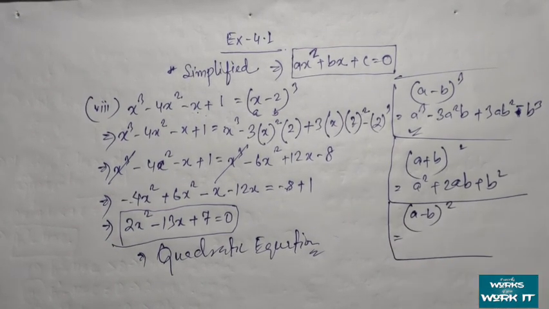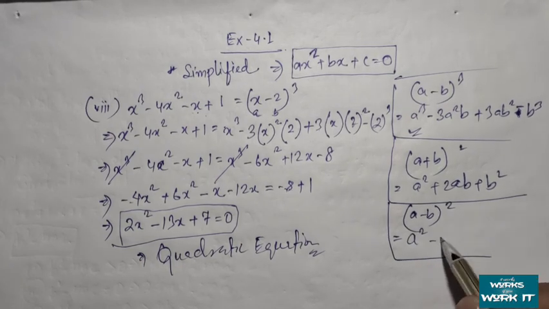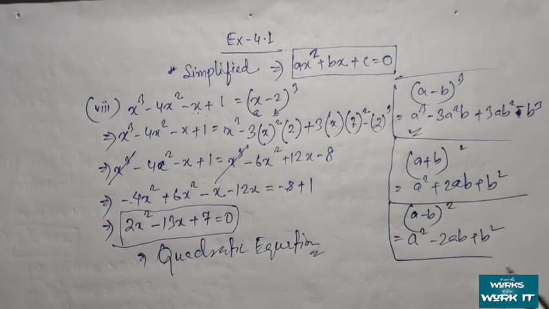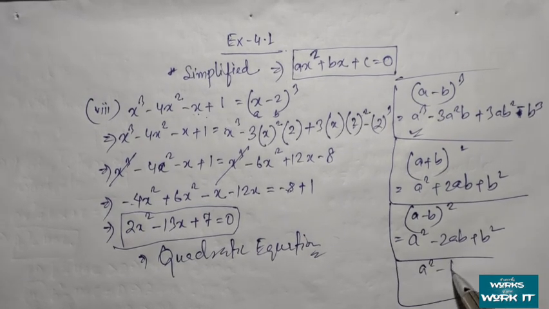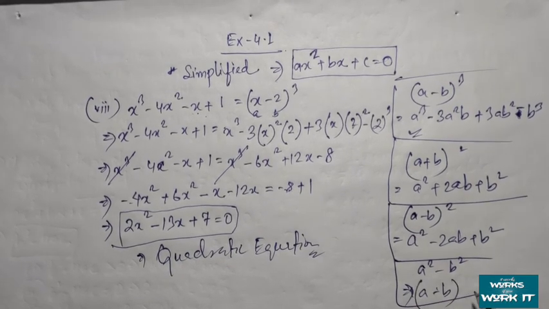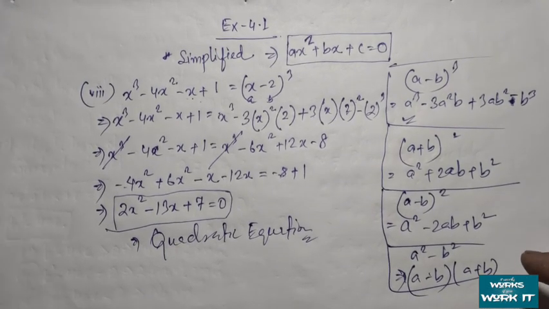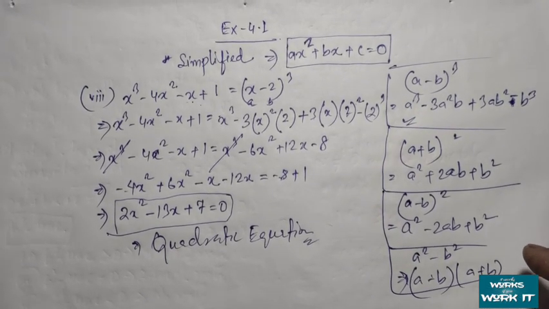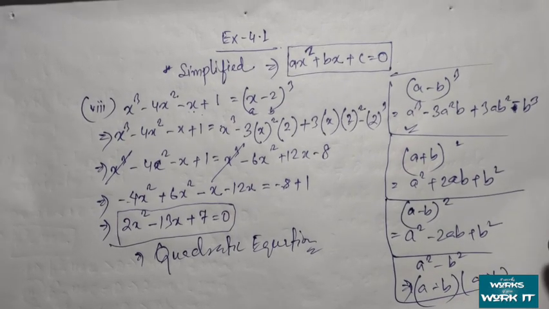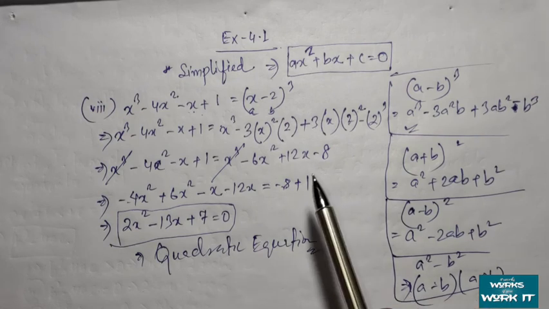The next formula is a minus b whole square, which is a square minus 2ab plus b square. Or you can use the formula a square minus b square, which is a minus b times a plus b. These are the formulas to be used while solving, in order to check whether it is a quadratic equation or not.